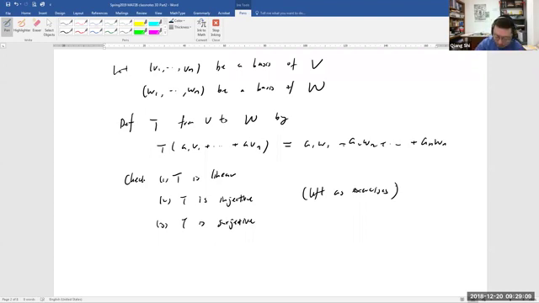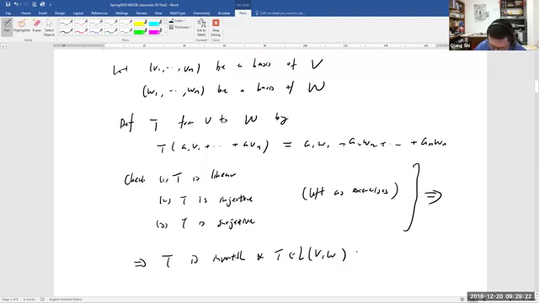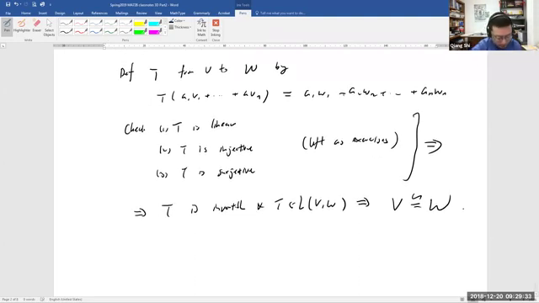So if you can show those, then this implies T is invertible, and T belongs to L(V,W). So this tells us V and W are isomorphic to each other. So that proves the other direction of that theorem.